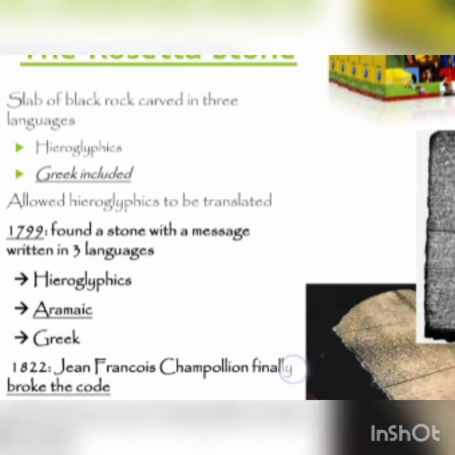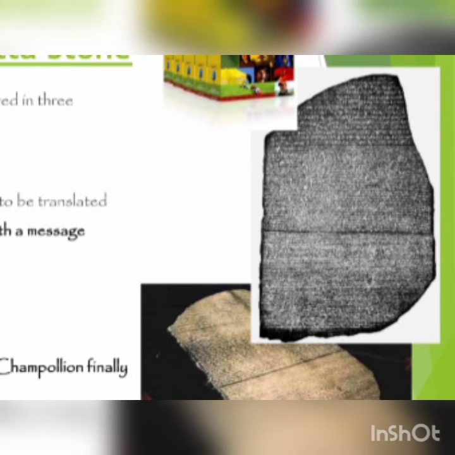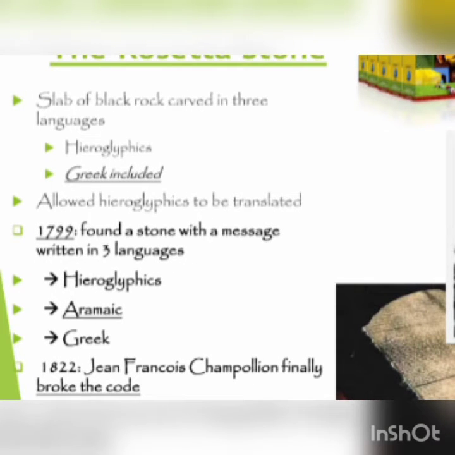Here it is given one stone, right? This is called the Rosetta Stone. The Rosetta Stone is a black rock carved in 3 languages. What are they? The messages depicted on the Rosetta Stone were in 3 languages.